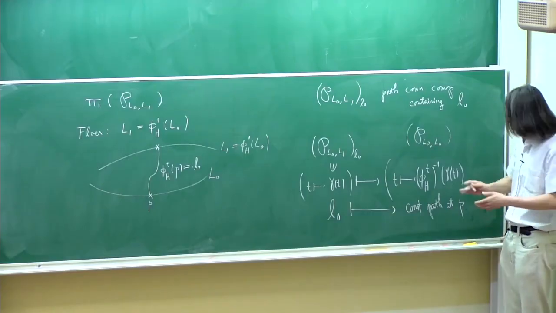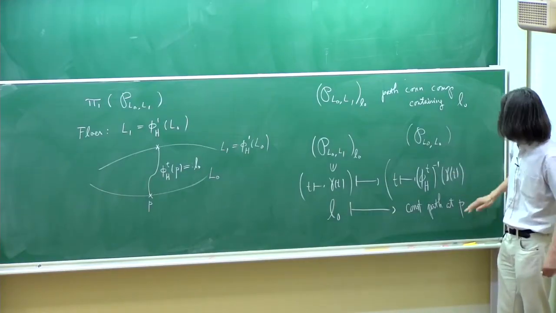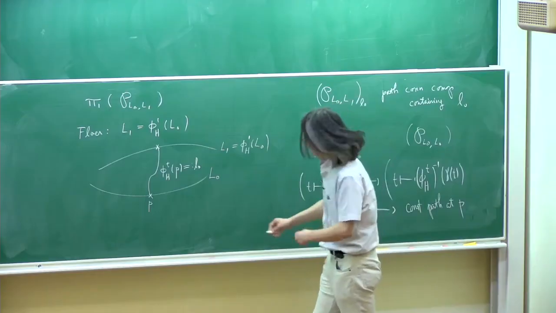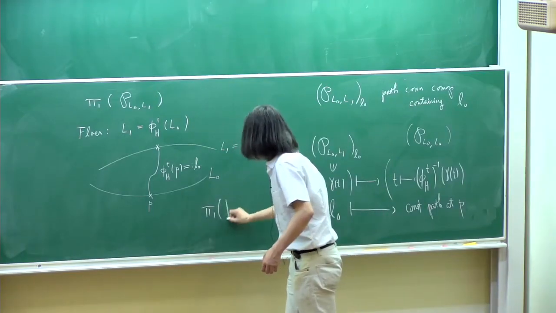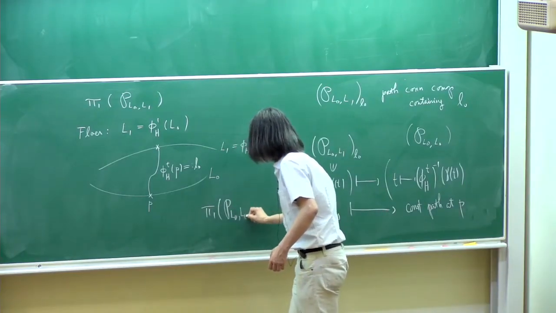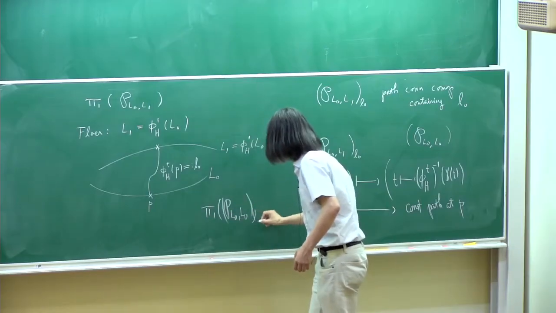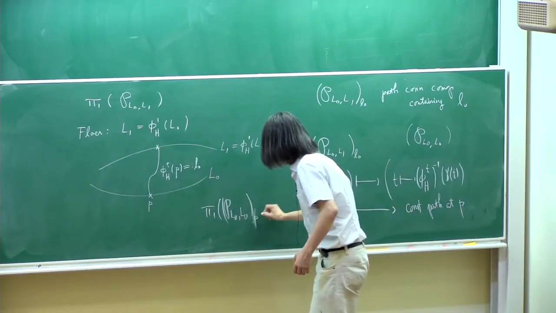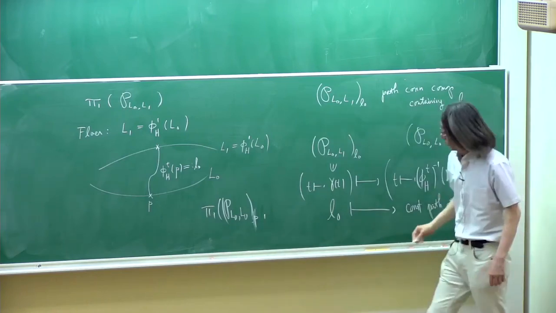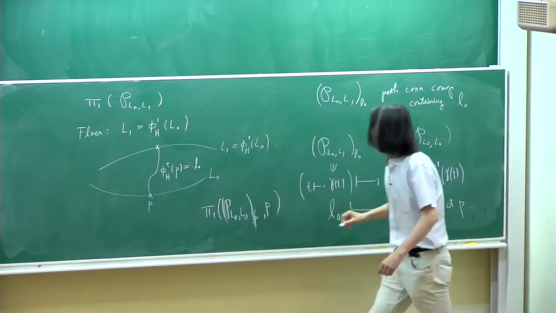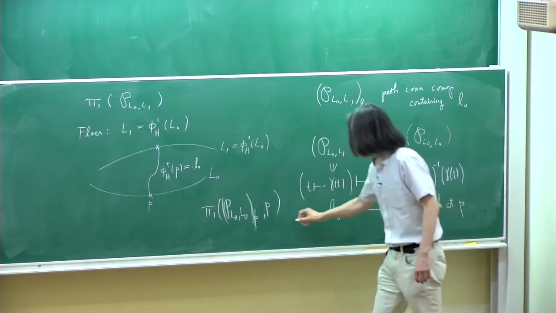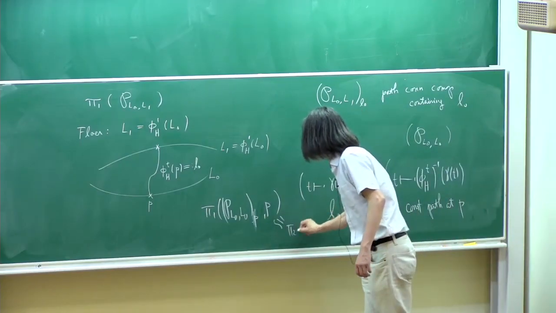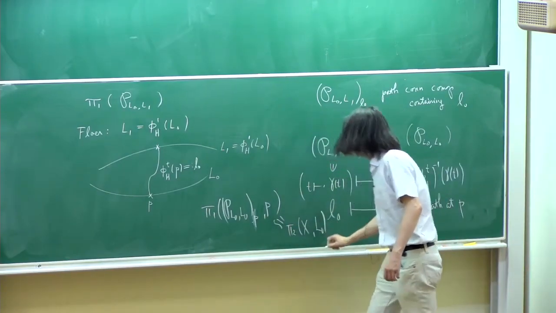Then you consider pi_1 of this thing at this thing, right? So if you consider pi_1 of P(L0, L0), which contains this point P, the component containing the constant path P, and base point P, right? And then this one is actually isomorphic to this pi_2 of x0 or something, right?